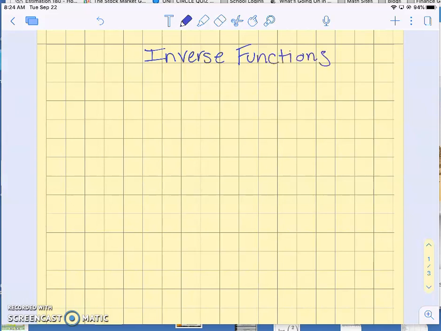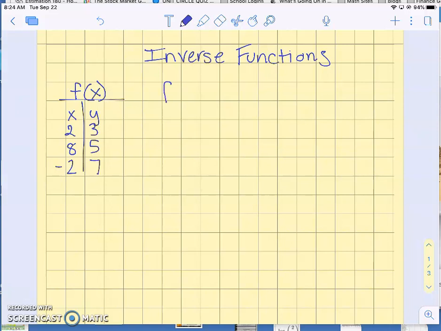So we've talked a little bit about inverses before, and now we're going to take a look at what these inverse functions are. But first, we're going to take a look at some coordinates. So let's say we have a function, and I'm going to make just an XY table. And let's say it was 2, 3, 8, 5, -2, 7.